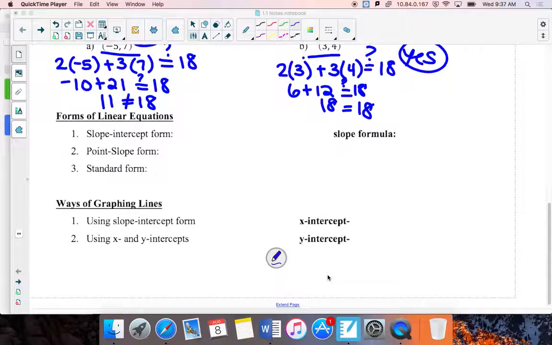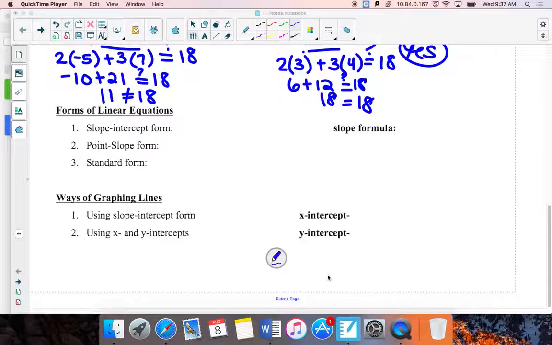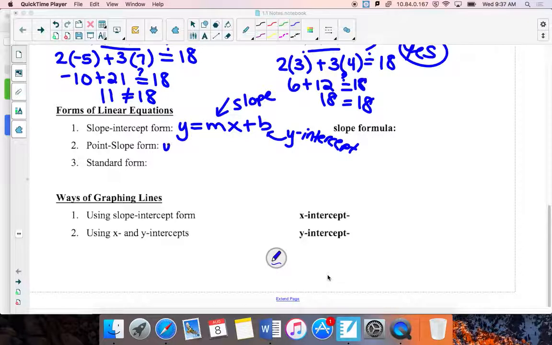When we're talking about linear equations, we have 3 forms that we're going to most commonly use in this course. Slope-intercept form is the one that you've been using for a long time, y equals mx plus b. M is your slope, b is your y-intercept. Point-slope form, y minus y sub 1 equals m times x minus x sub 1. (x sub 1, y sub 1) is just an ordered pair on your line, and m is still your slope.